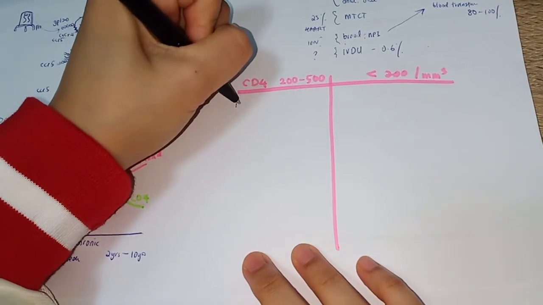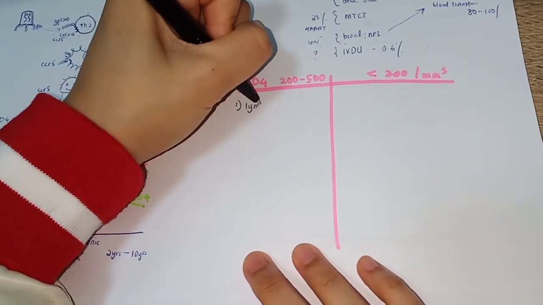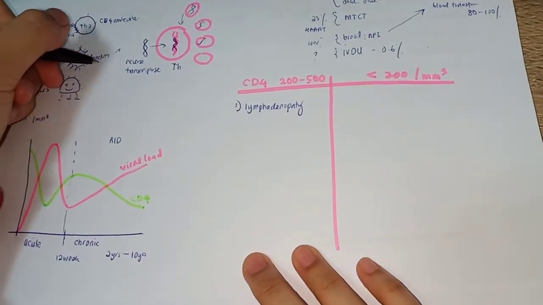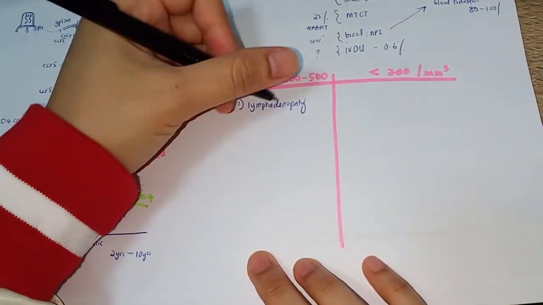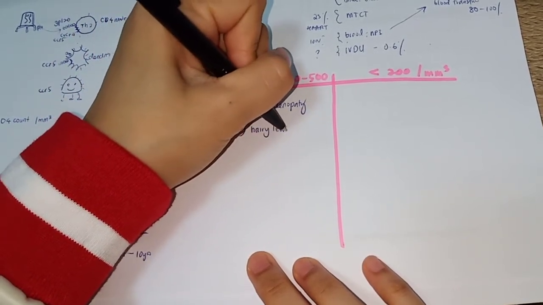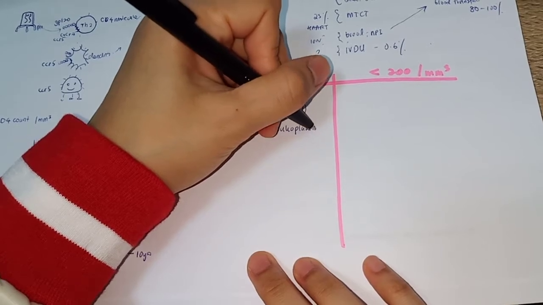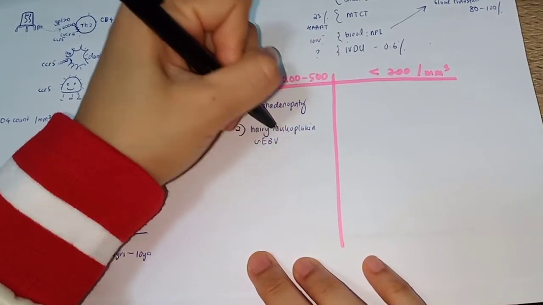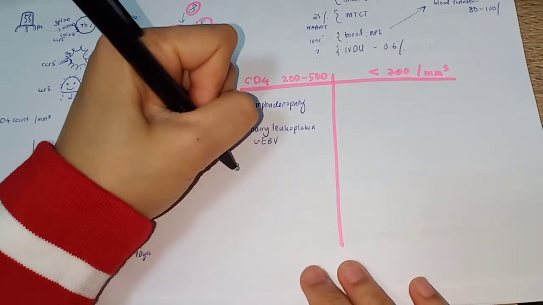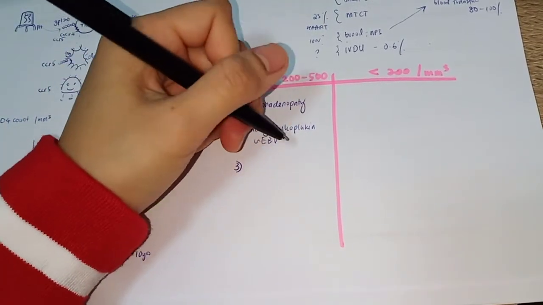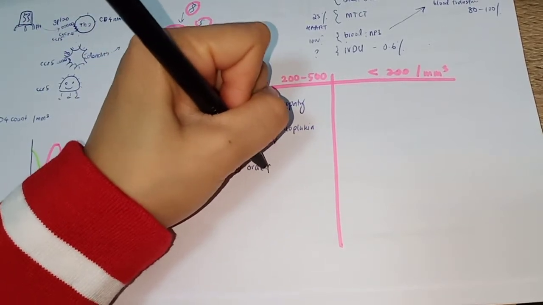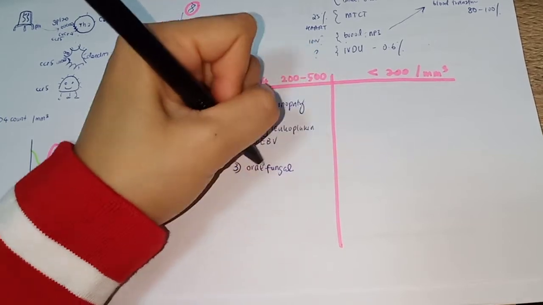The patients first usually have lymphadenopathy, because the dendritic cells go to the lymph nodes. Then the patient starts to have hairy leukoplakia, which can also be seen in EBV infections, a whitish discoloration on the tongue, and usually also oral fungal infection or oral candidiasis.